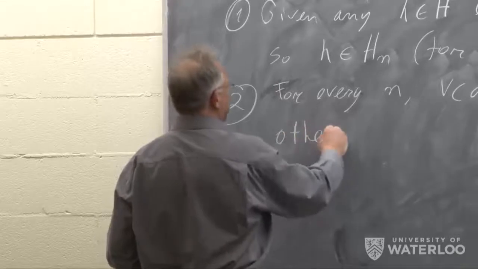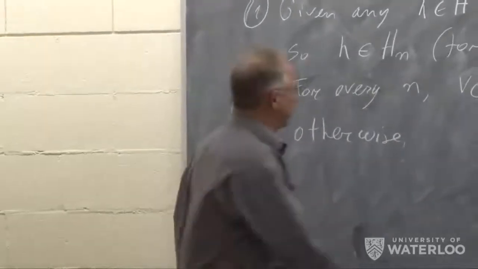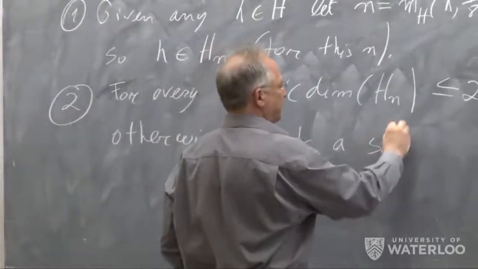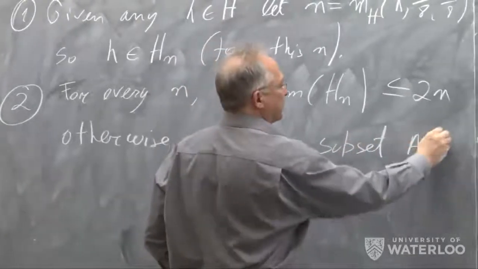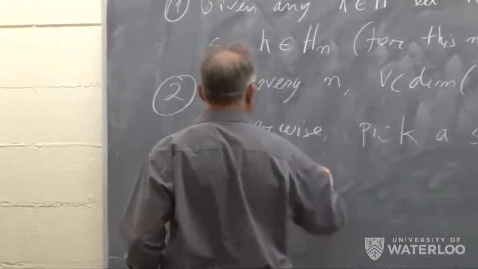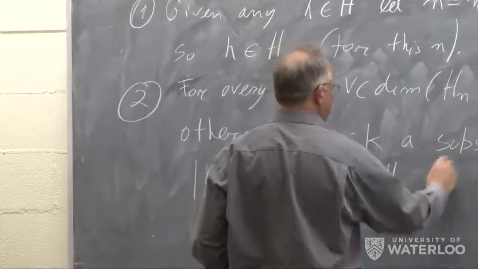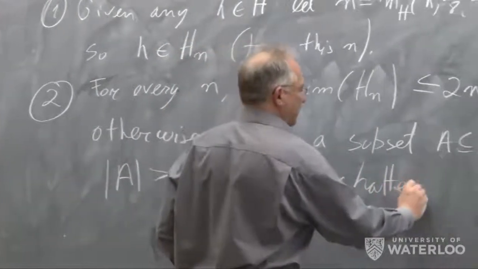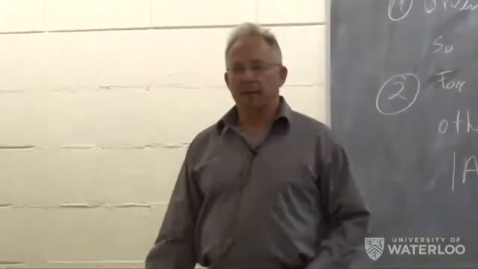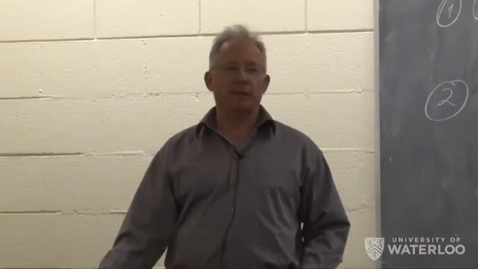Otherwise, if the VC dimension is more than 2n, pick a subset A of X of size greater than 2n, such that Hn shatters A. This is our definition of VC dimension. If your VC dimension is greater than some number, then you have such a shattered set of a larger size.